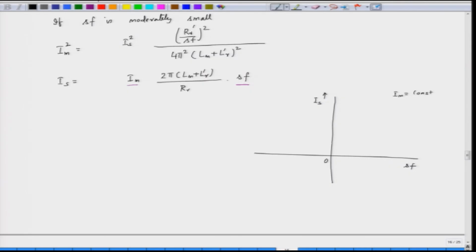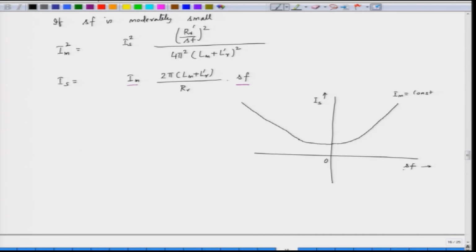So, this is constant here, and then after that this is proportional to the slip frequency. As the slip frequency increases, the stator current also increases. So, in the negative side also we can plot it in a similar fashion. So, this will be just a mirror image of this quantity. So, this is how the current varies with slip frequency.